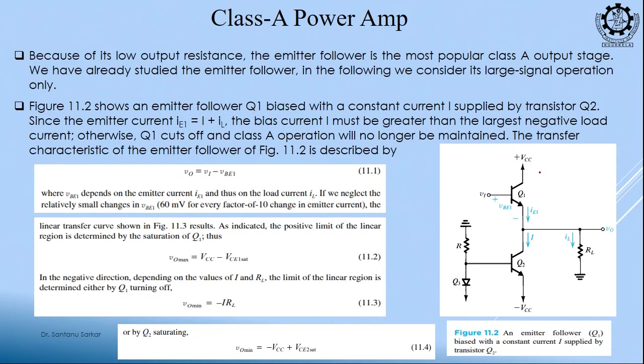So, let us see this. This is our circuit. Can you tell me which is signal and which is DC? I have two BJTs, one is Q1, one is Q2. Signal is connected to which of the BJTs? Q1, right.